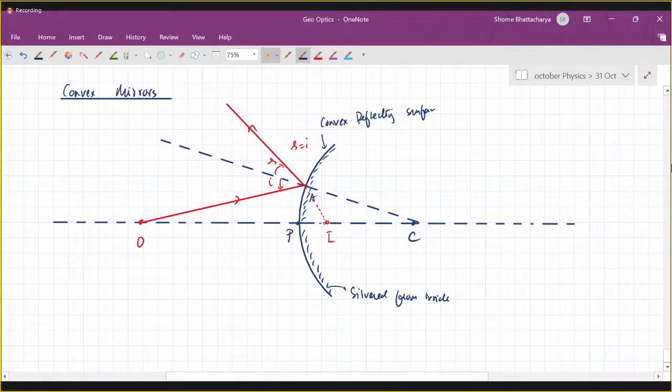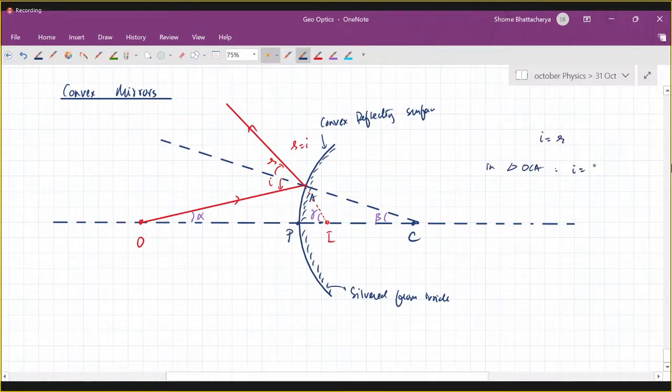So to find the relationship between the three distances, object distance, image distance, and center of curvature's position, we will again incorporate the same kind of method. We will designate this angle as alpha, this angle as beta, and this angle as gamma. So we have i is equal to r. That's our law of reflection. Yep. Now we can start incorporating this like this, that for triangle OCA, we have i is equal to alpha plus beta.